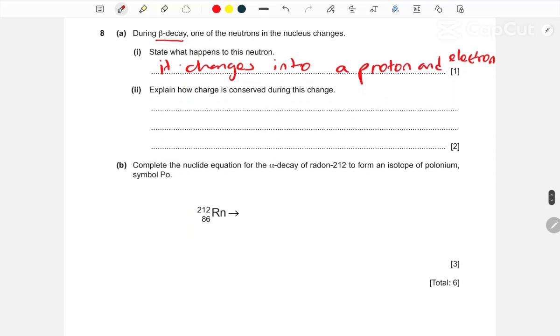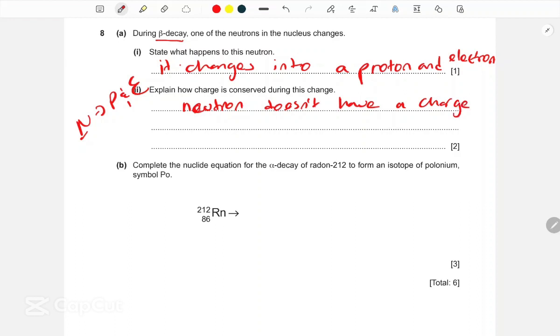Part 2. Explain how charge is conserved during this change. So we know that a neutron becomes a proton and an electron. So if that's what happens, we know that neutron has no charge. So the first one is neutron doesn't have a charge.